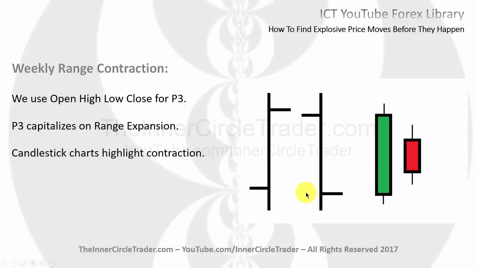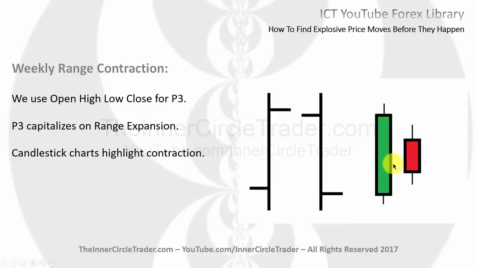So now, if the opposite of range expansion is contraction, how can we find that? Well, the candlestick chart helps highlight this. So if we look at a candlestick like this, say this is a typical large range day, which would look something like this open, high, low, close bar here. It could be very close to that in terms of the body portion between the open and the close. So we have the open down here and the close up here if this is a bullish candle.